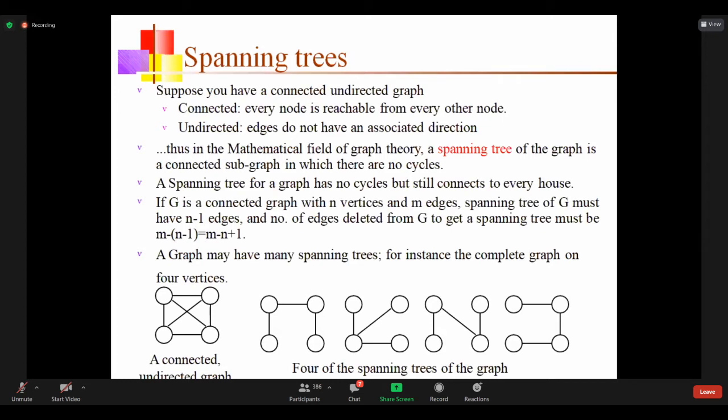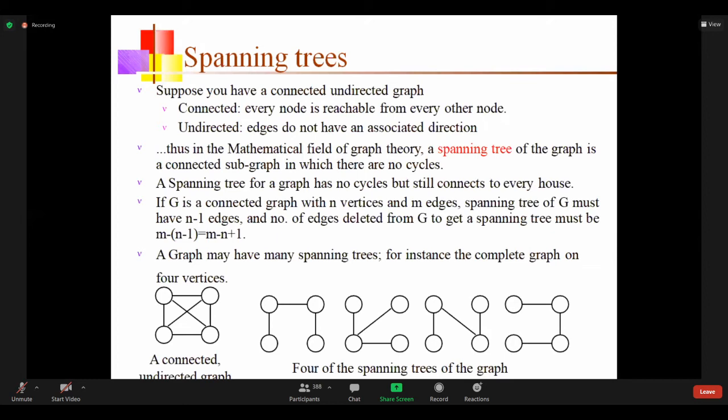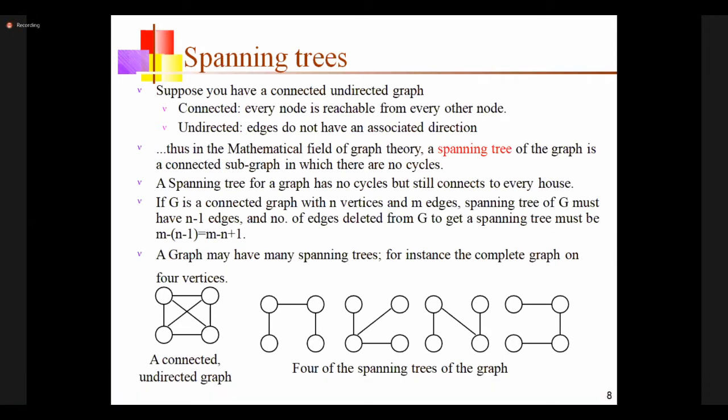When we are deriving a spanning tree for a given graph, all the vertices should be present in the spanning tree. Whatever the vertices in the original graph, it should contain all the vertices, but some edges we will remove to make it loop free, because our intention is it should not contain any cycles.